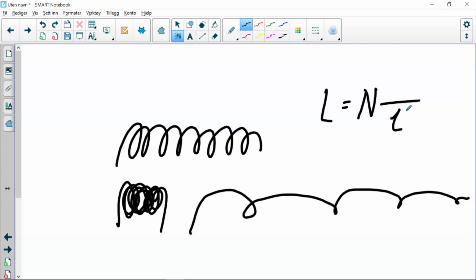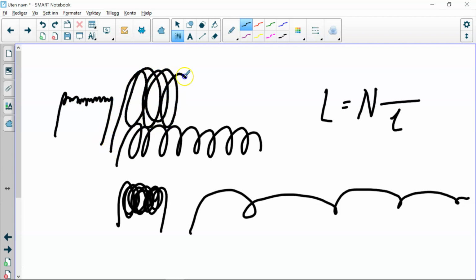Also, the cross-sectional area of the turns. If I have a very narrow coil compared to a larger one with the same amount of turns, that would also influence the overall inductance.